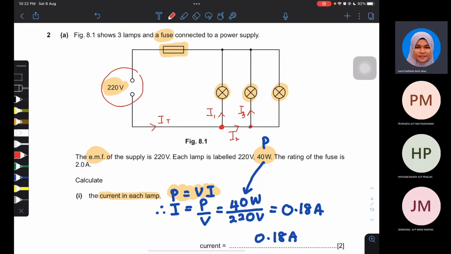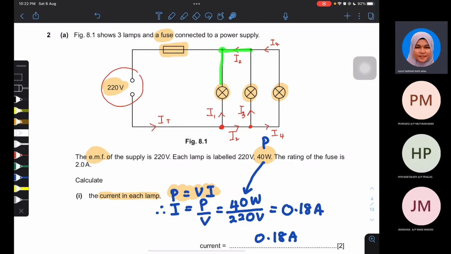Jadi I2 tu dekat sini dia bahagikan lagi diri dia. I4. So sini I4. Kan, dia lalu sini. I4. And then I3 tu pula I3. Okay, sampai dekat sini I4 meets I3 kan. Okay, dekat sini dia akan jadi balik I2. Okay, di sini, this junction, siapa yang berjumpa sama?